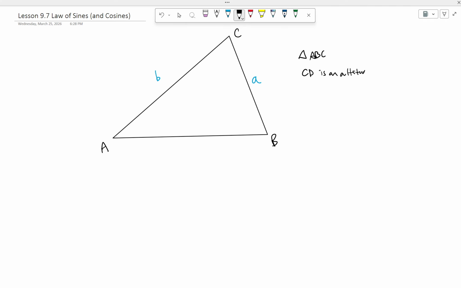Now, when we had a right triangle and we took an altitude, we had 3 similar triangles. We don't have to worry about the triangle similarity here. That's not really the issue.